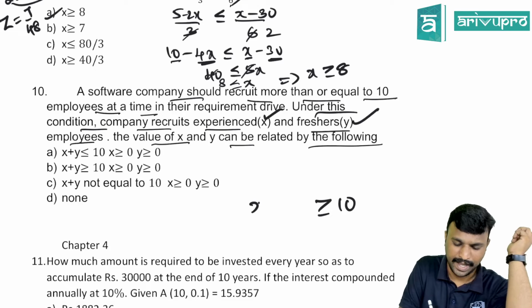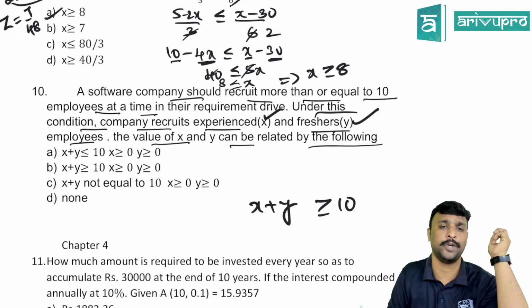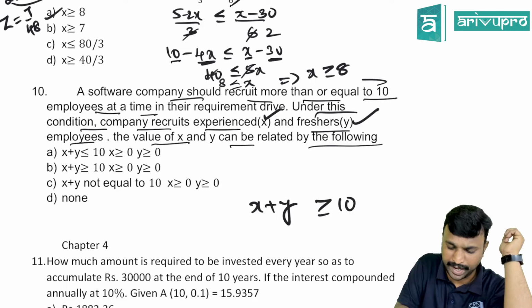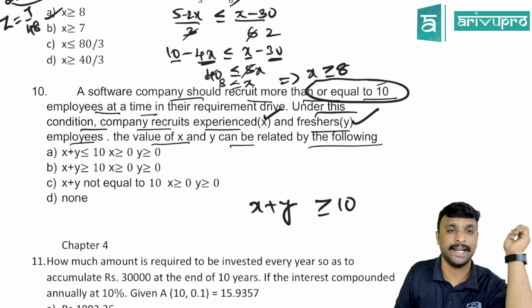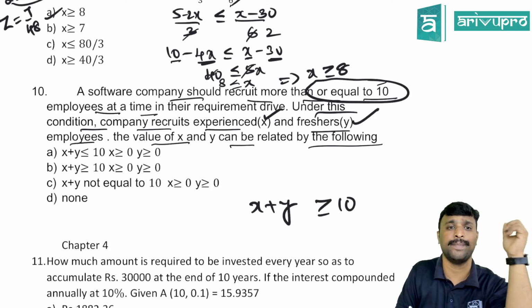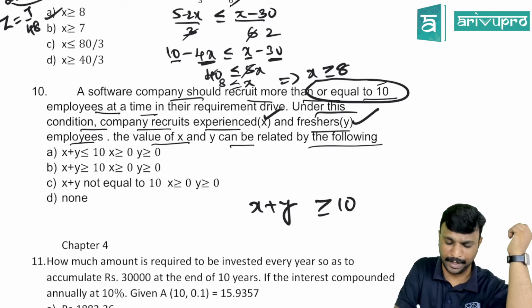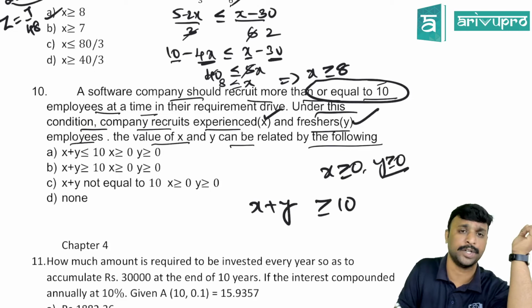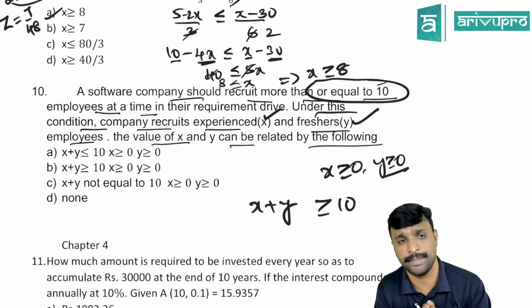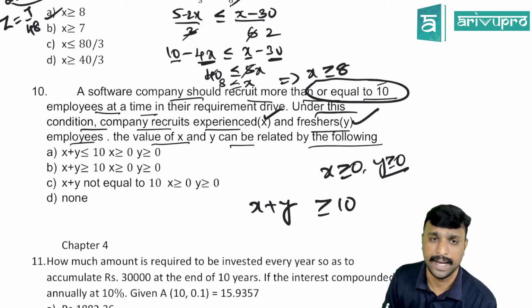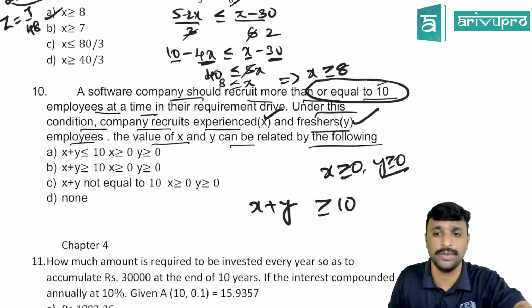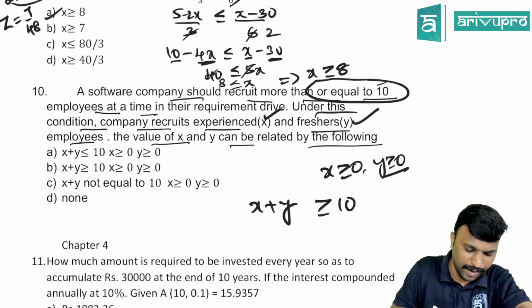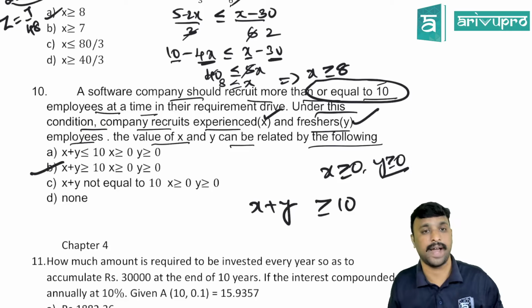Obviously the sum of experienced plus freshers should be more than or equal to 10, because they need to recruit more than or equal to 10 employees. And also the number of employees cannot be negative. It must be X greater than or equal to 0 and Y greater than or equal to 0. Number of experienced persons and number of fresh persons can't be negative, therefore greater than or equal to 0 only. So option B is the right answer.